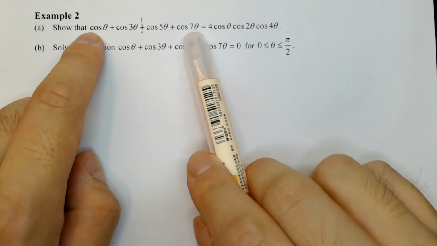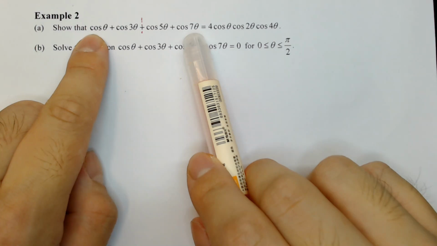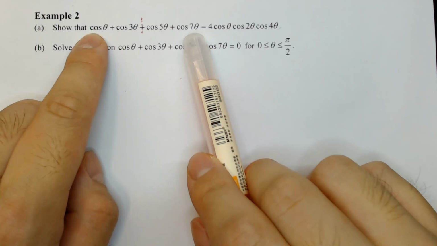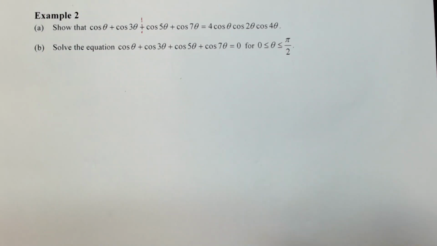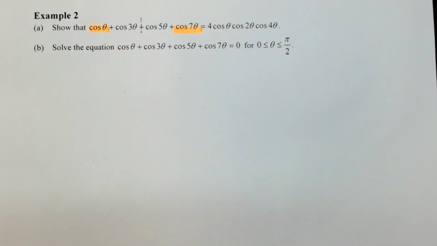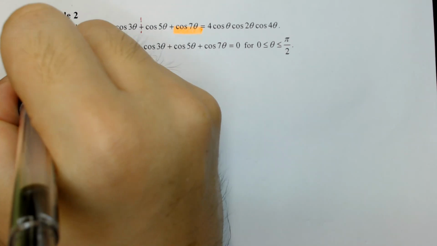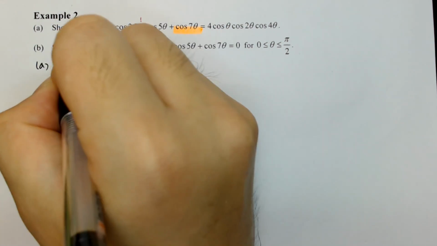So it's better for you to consider this because it's just created one unknown angle, 3 theta. So we try to match these two. So part A, left hand side.